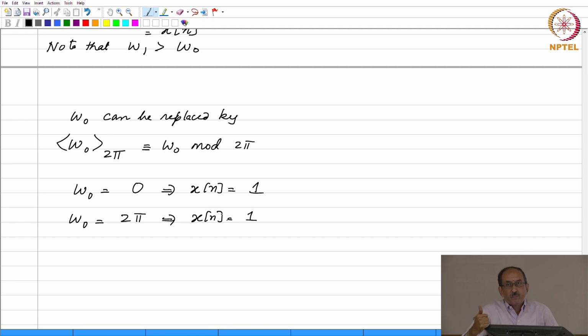So intuitively it appears the frequency of oscillation will increase and then probably start to decrease and then slow down and reach the DC sequence once more. So we will look at waveforms next class.